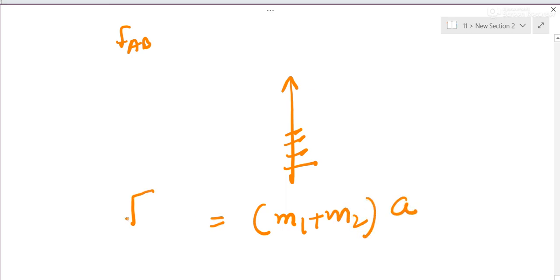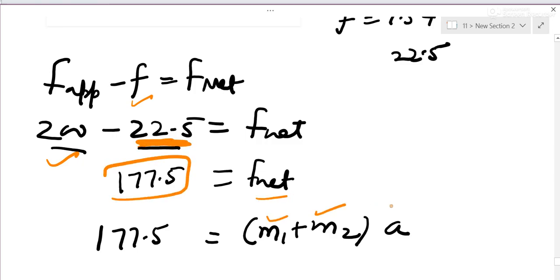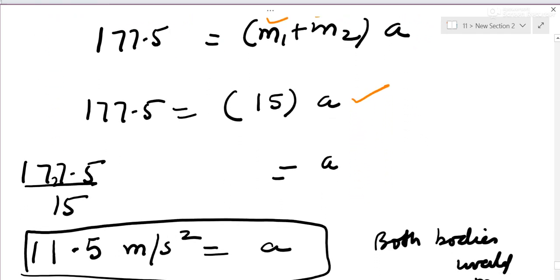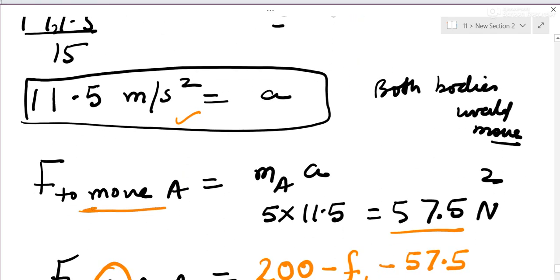Acceleration will be found like this. I have taken the force applied as 200 and I am subtracting both the frictions. This is my net force. Net force is equated to the mass of both into A. Acceleration is found. Then how much force is required to move A?